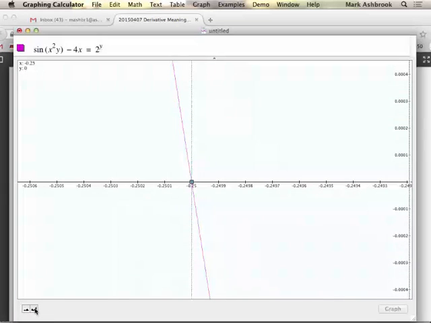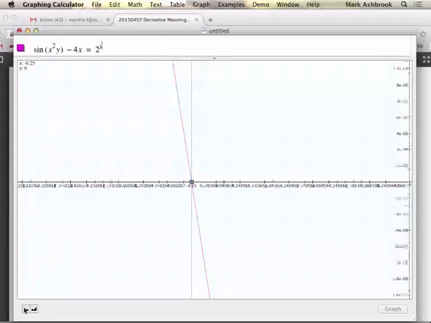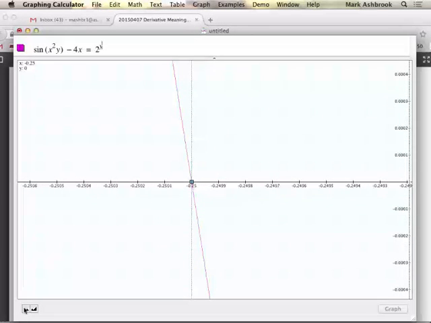So let's zoom in just a little bit here. And let's do that. Okay, so point, do again. Oh my goodness. I'm zooming in, that's why it's so bad. Going the wrong way.